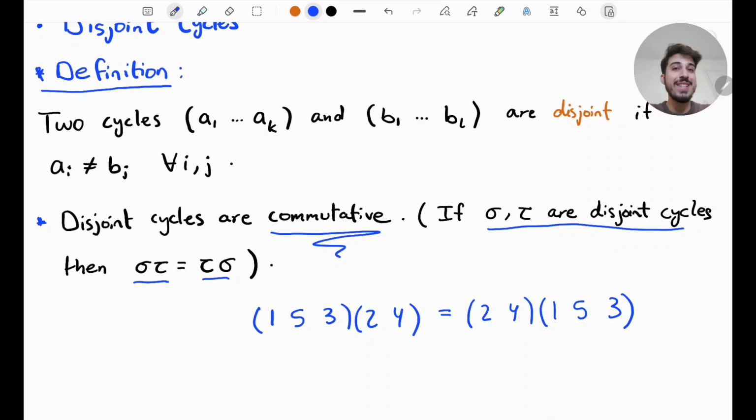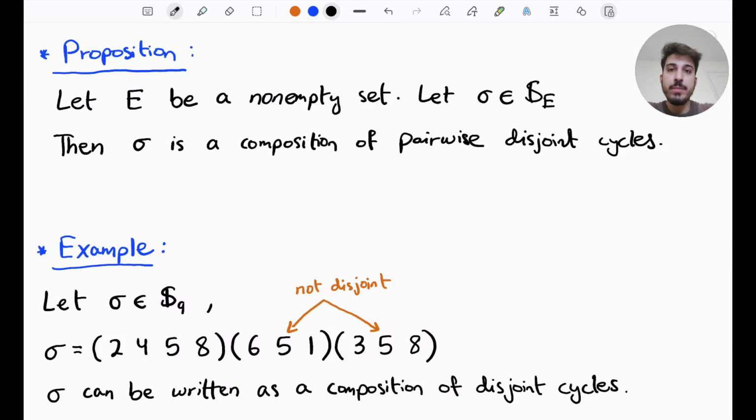And we will see that this greatly simplifies our calculation later on. The proof of this proposition I will leave to a later video in my YouTube series. But now I will move on to an example of the disjoint cycles of a permutation.